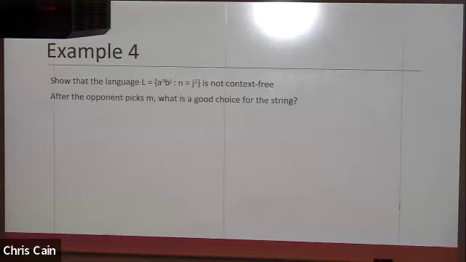What do we pick as our string? I said a to the n, b to the m, n is equal to m squared.